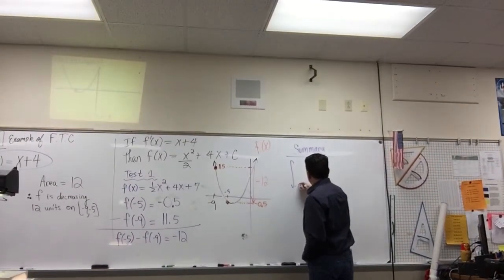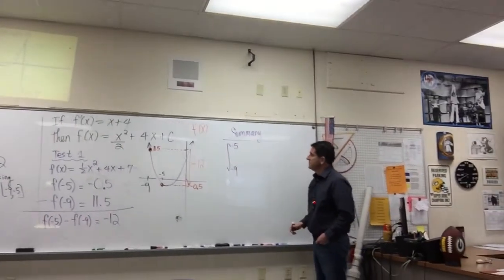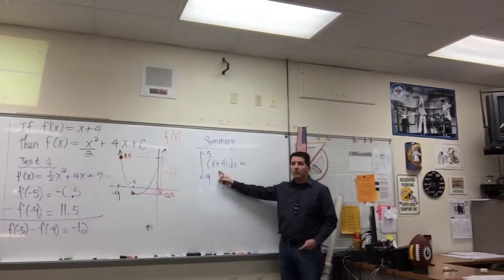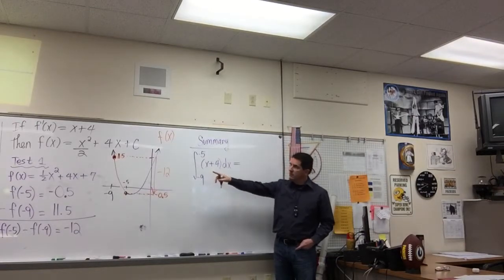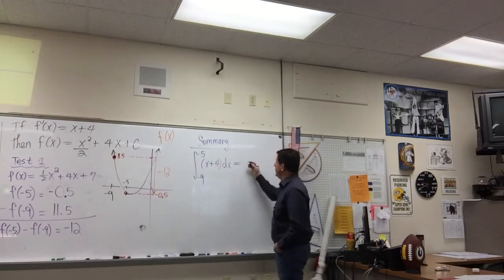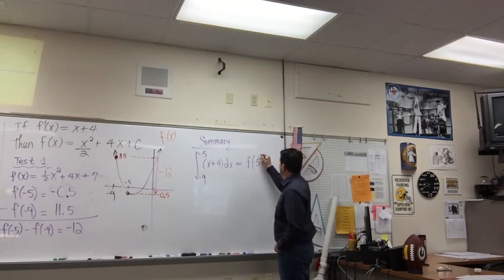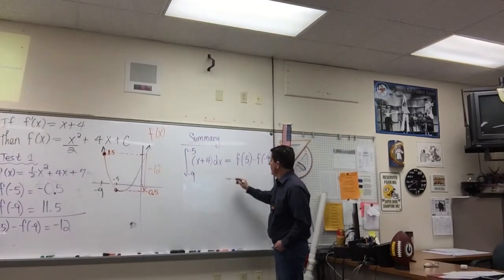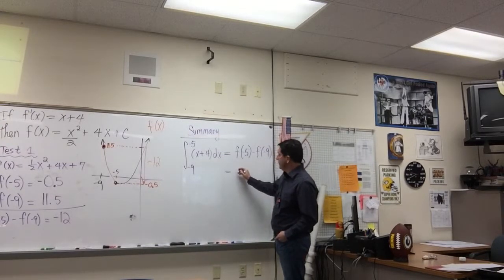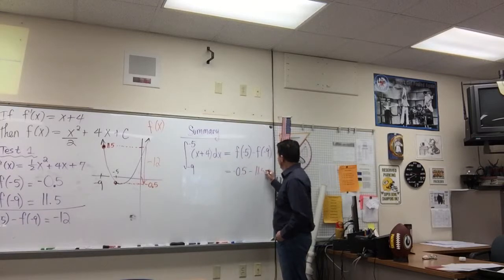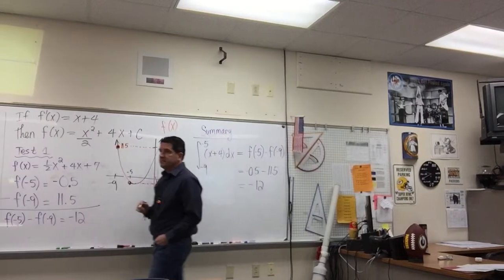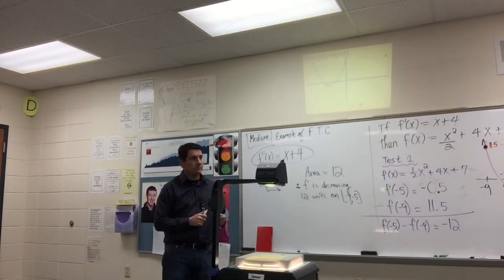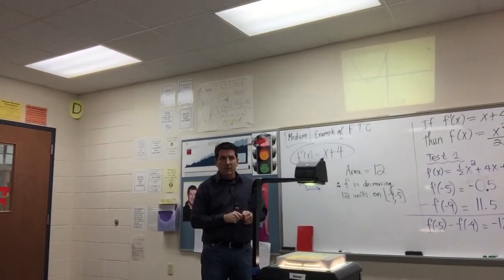The integral from negative 9 to negative 5 of the function x plus 4, because remember this is where the derivative goes, and that's what we had, x plus 4, is equal to f of negative 5 minus f of negative 9, which we figured out to be negative 0.5 minus 11.5, and the answer was negative 12. Does it make sense? Okay.